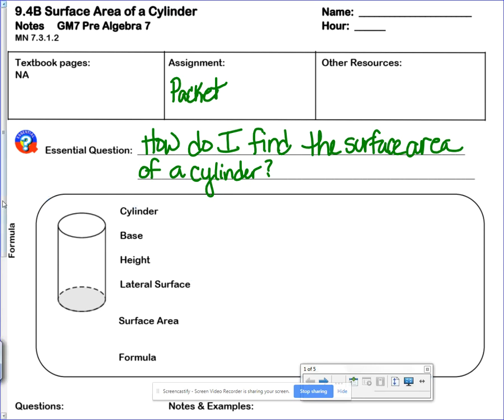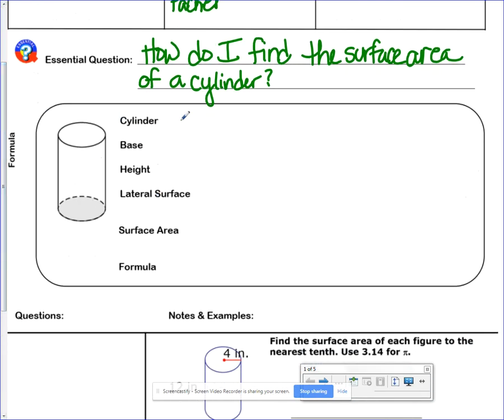So we have to get a bunch of terminology and vocabulary under our belt. So let's talk about a cylinder. I often like to think of something like a Pringles can or a soup can of tuna. Even in my classroom, my container of disinfecting wipes comes in a cylinder shaped thing.